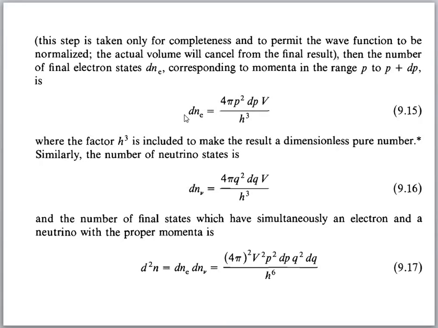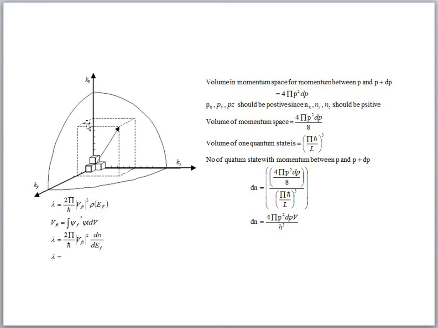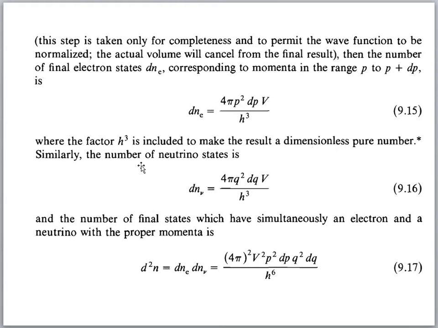So we get an expression for dn, the number of states, the density of states of an electron having momentum between p and p plus dp, which is dn equal to 4 pi p square dp into V divided by h cube. In the case of a neutrino, when we apply the same theory, the number of states of a neutrino having momentum between q and q plus dq is given by 4 pi q square dq V divided by h cube.